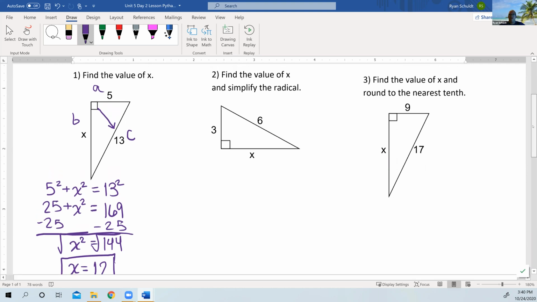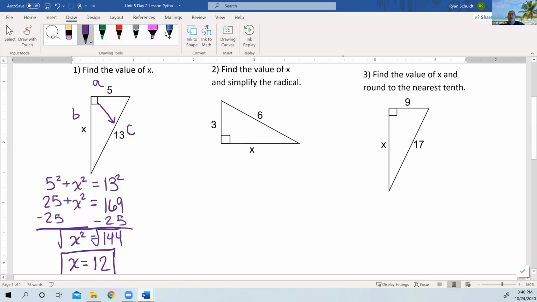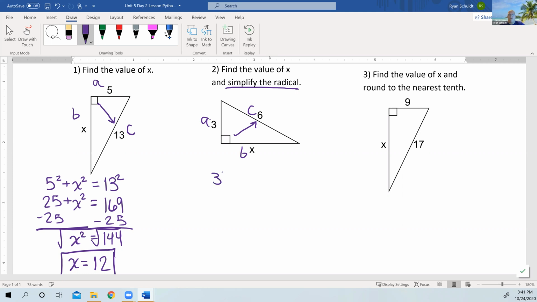Okay, so now, again, we have to find x, but this time it says we have to simplify the radical. So first, let's figure out what A, B, and C are. The one across from my right angle is always C. There's A, there's B. So it looks like I'm solving for B. So I'm going to say 3 squared plus x squared equals 6 squared.